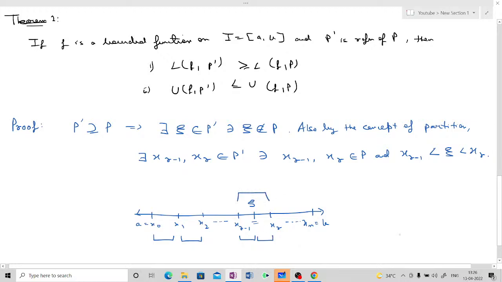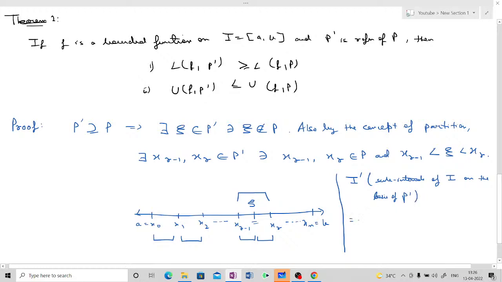and this complete interval. What I mean is that if we form the sub-intervals, say I', of I on the basis of P', what are the sub-intervals?